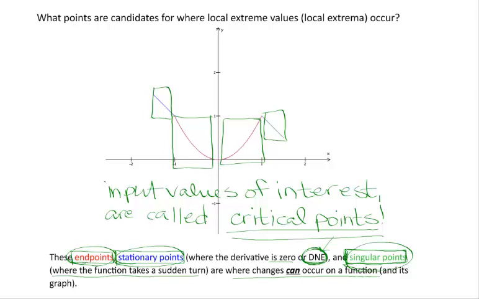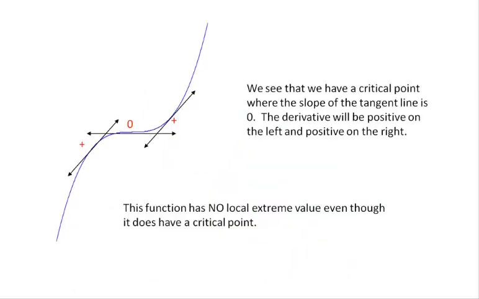So when we take our derivative function and explore what's happening on it and find all these critical points, we're guaranteed when we put those x values into our function that we have determined every single input value where an extreme value could happen for our function.